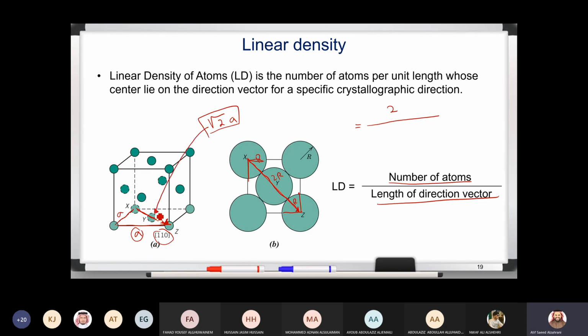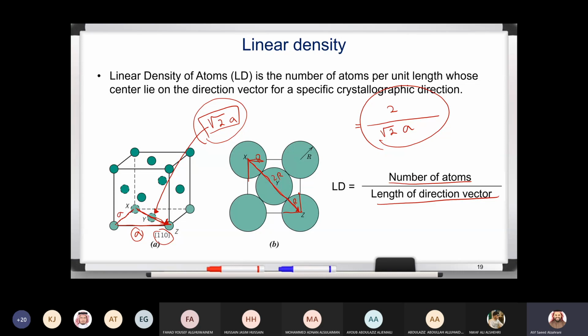So this is the magnitude of this direction. Shabab, if there is something unclear or you need me to clarify, please let me know. I'm not spending much time here because we did it in the last lecture and derived everything. This is root 2A from the Pythagorean theorem. So this is basically the linear density now.